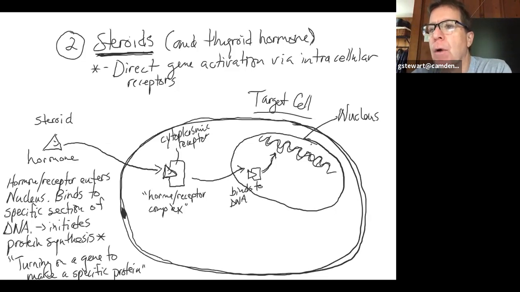Once this hormone receptor complex, I'm going to use different colors just so you know where I am on the drawing. This hormone receptor complex in here binds to DNA. When it does that, guess what? The DNA uncoils. Then we can make an RNA. From that, the RNA molecule gets modified to messenger RNA.